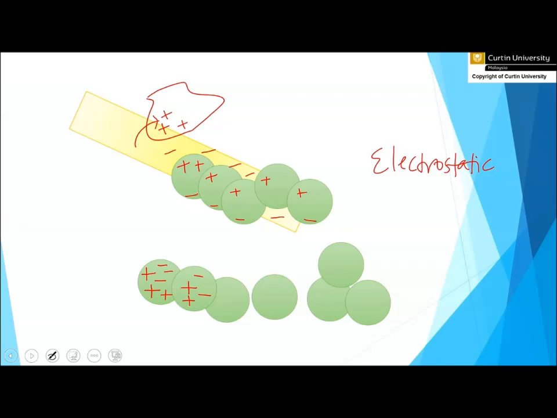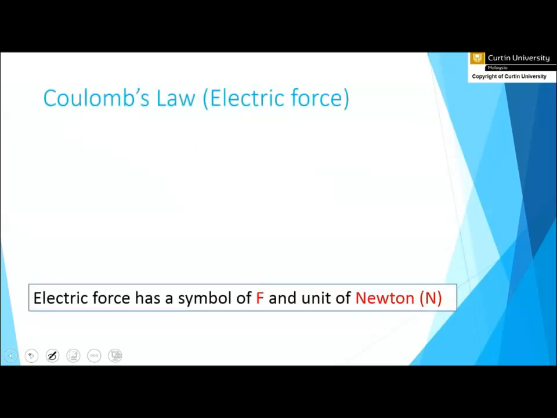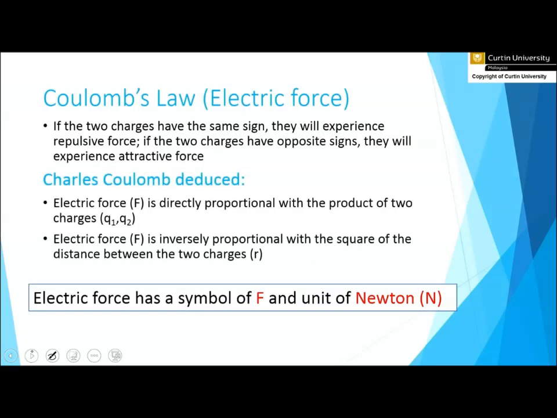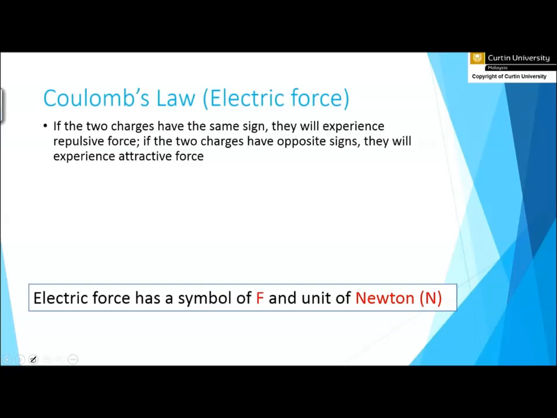So that's why the paper will somehow be attracted to the ruler. And this phenomenon has been widely explained by Coulomb's law, right? So it's something that you have already known, saying that if two charges have the same sign, they will experience repulsive force. If the two charges have different signs, they will experience attractive force.